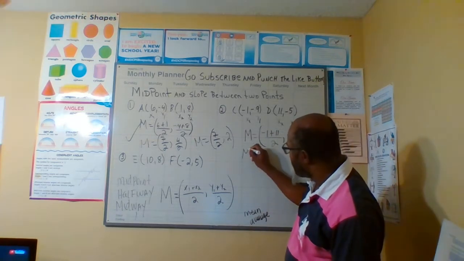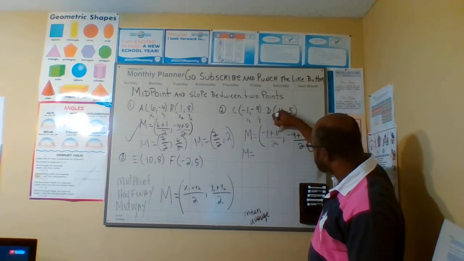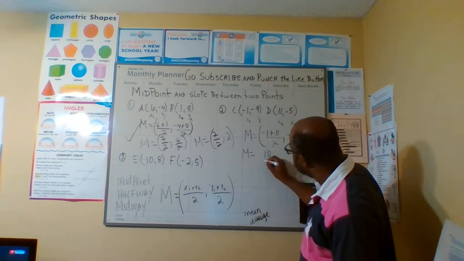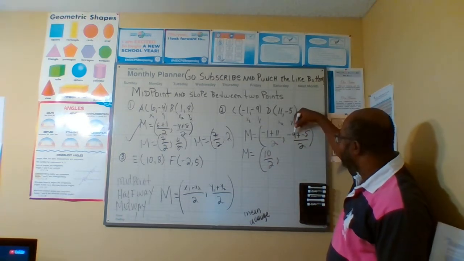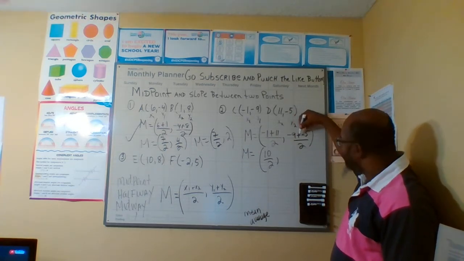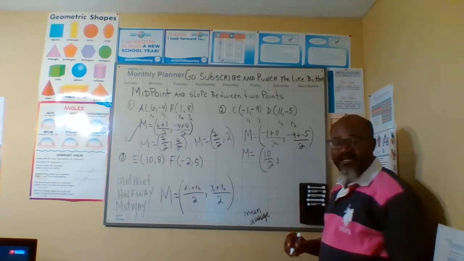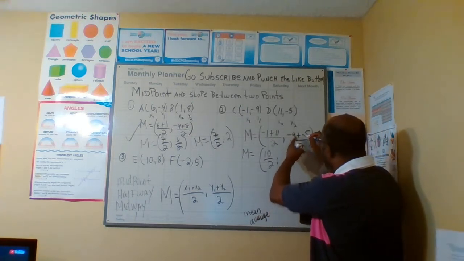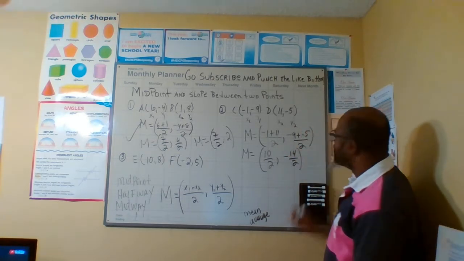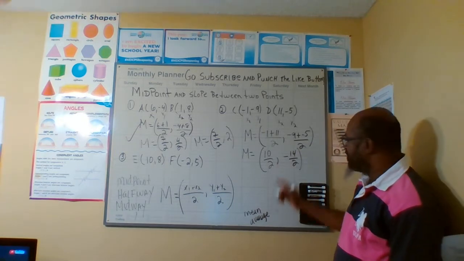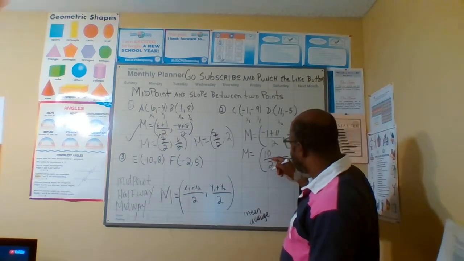Then you must simplify. M equals negative 1 plus 11, that's a 10. Then I have a negative 9 plus a negative 5. Those are both negative, so I'm going to add them up. That will give me 14, and since both of them are negative, I keep the sign. That's negative 14 divided by 2. Some of you are going to stop there.